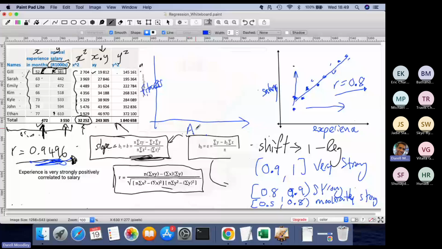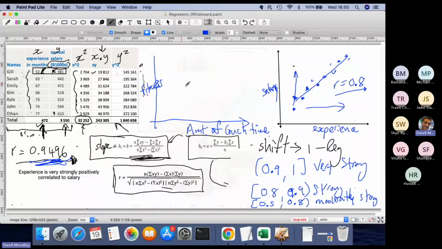Sorry, that's a bad example. The amount of couch time you have. So the more time you sit on the couch, your fitness is going to drop. I think most of us can agree on this, right? I know it sounds like a silly example, but it's to give you an idea that something can negatively affect your Y variable. Okay, so the more time you sit on the couch, the lower your fitness level.